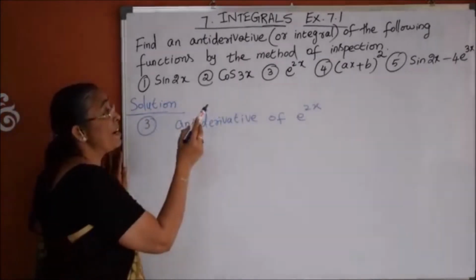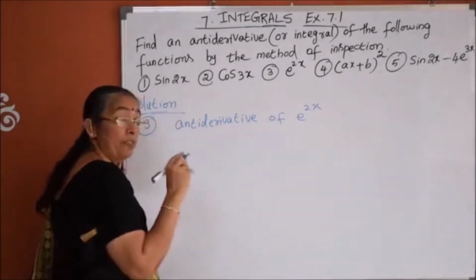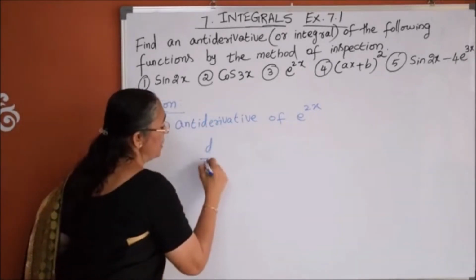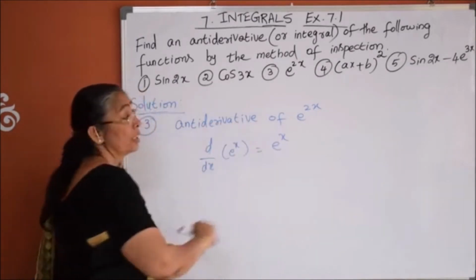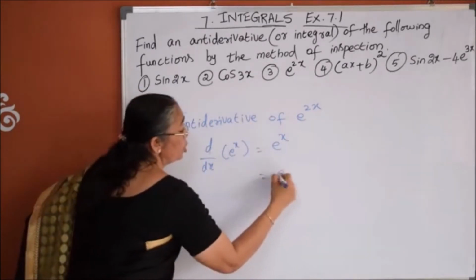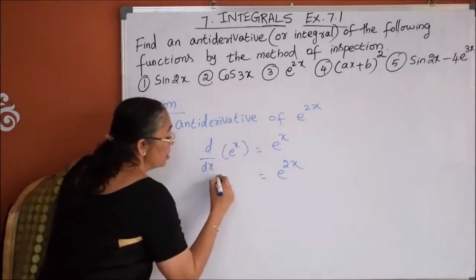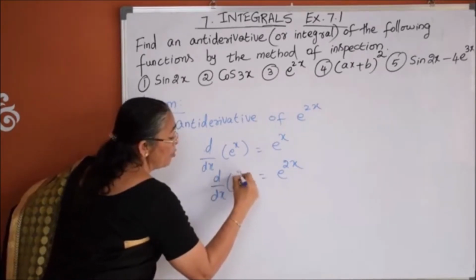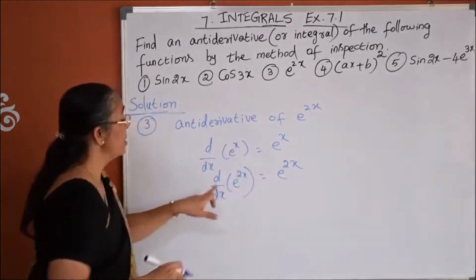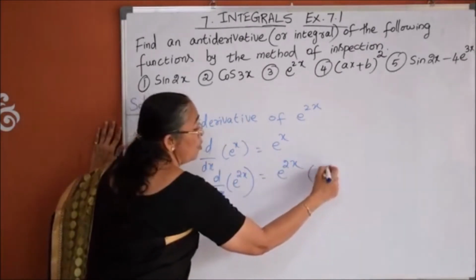Now, the antiderivative of e power 2x. We know differentiation of e power x is again e power x itself. Now, we need the e power 2x antiderivative. Differentiation of e power 2x is e power 2x into 2.